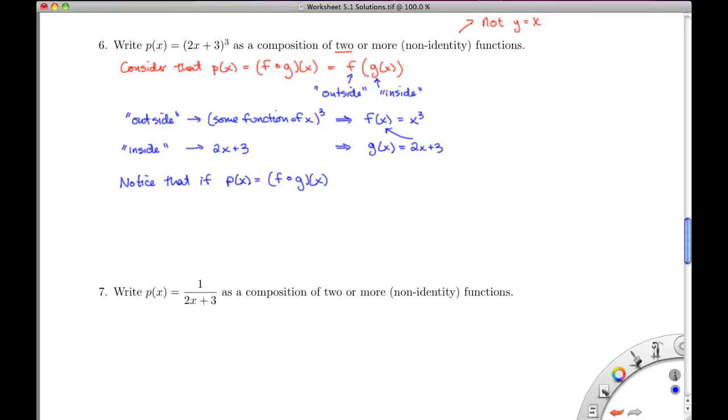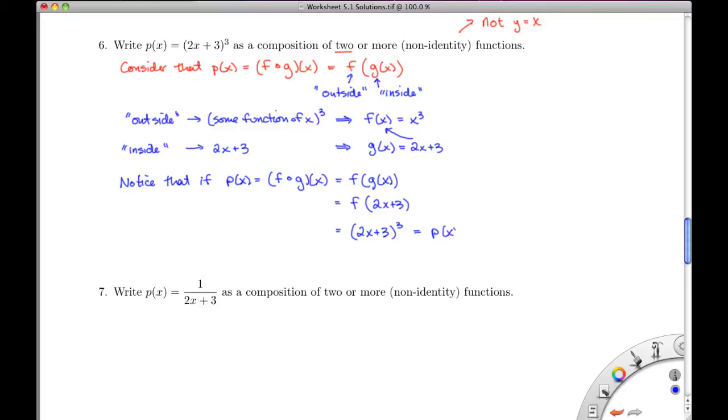So p of x would have to be f of g of x. We've defined g of x in this case to be 2x plus 3, and the f that we defined is just the cubing function, where we take whatever our input is and cube it. And this does come back to be our original p of x.